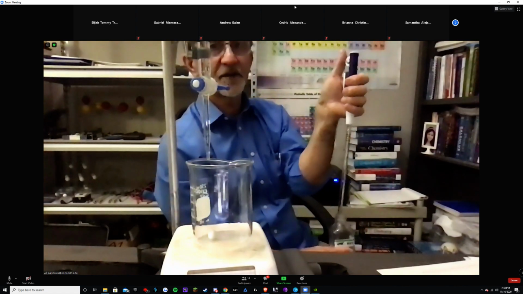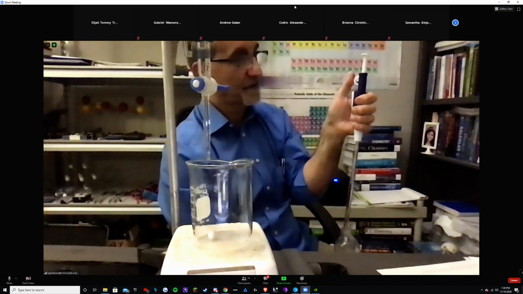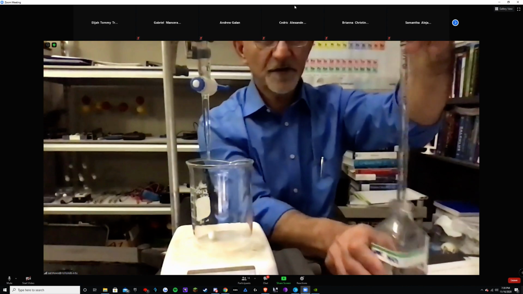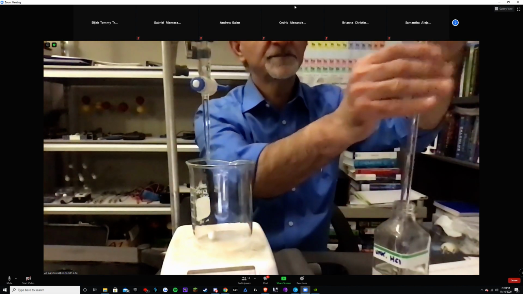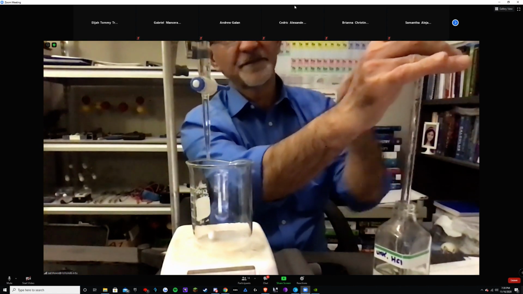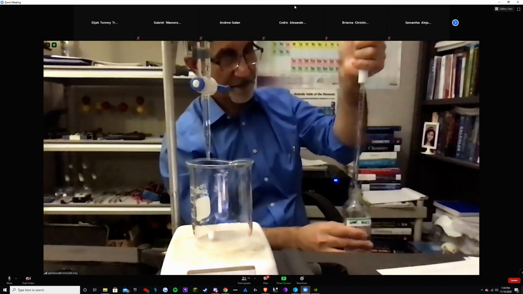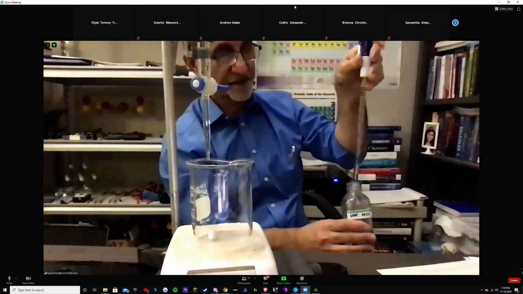As I roll up the valve, notice there's some amount of acid already inside the tube. It's not enough, so I'm gonna put it back and roll it backward, and then roll up again. Keep increasing until the volume is recorded as 10.